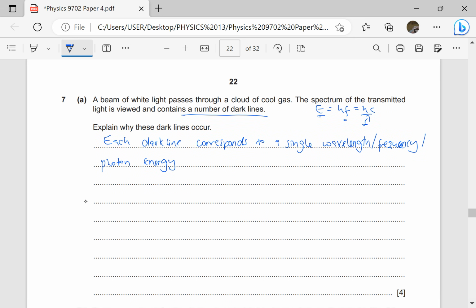However, a photon, and many people write proton instead of photon.